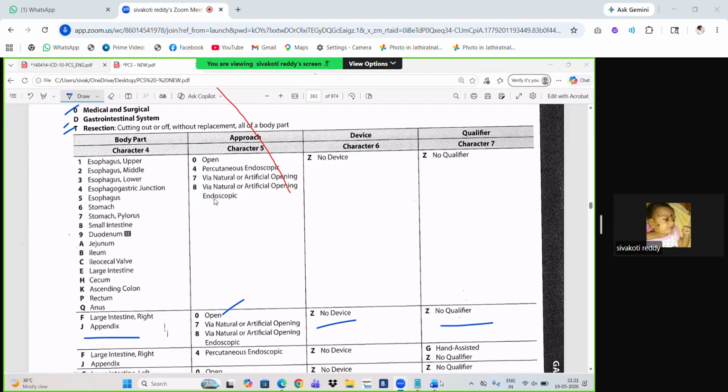Or endotracheal tube or feeding tubes inserted in the mouth. Tubes and all should be natural route. In the natural route, if they insert a scope, it is 8. In the mouth, they insert bronchoscopy, EGD. In the rectum, they insert colonoscopy. In the vagina, they insert hysteroscopy. Scope inserted is 8. Instrument inserted is 7.